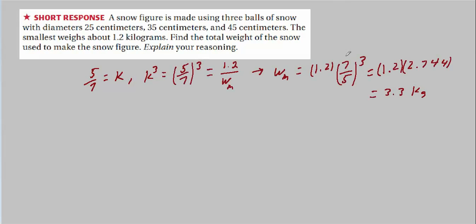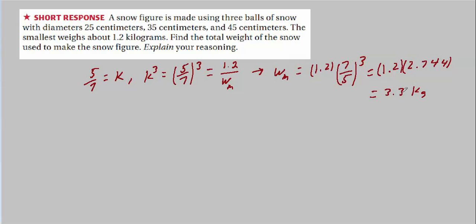So if we work this all out, 5 over 7 cubed equals 1.2 over the weight of the middle snowball. That's the 35 centimeter one. In fact, that's how we got it, 25 over 35. Well, we rearrange this and get the weight of the middle ball is 1.2 times 7 over 5 cubed. 7 over 5 cubed is about 2.744, and we end up with 3.3 kilograms for the middle ball.